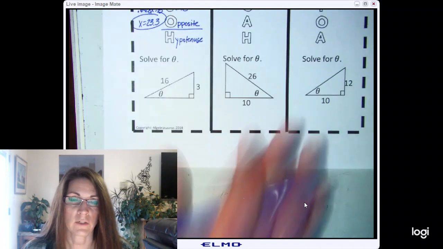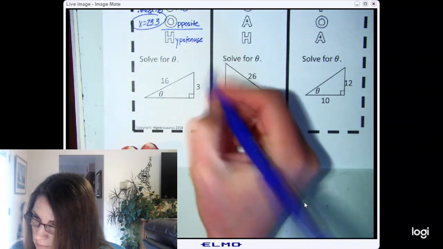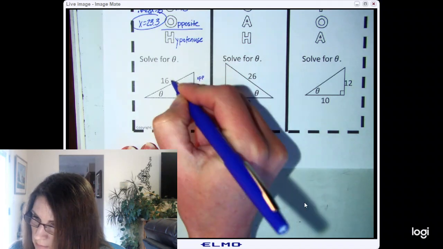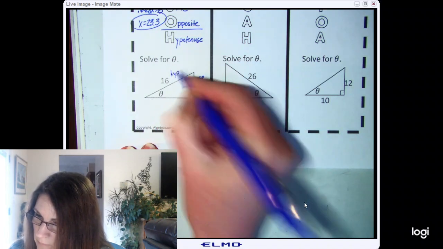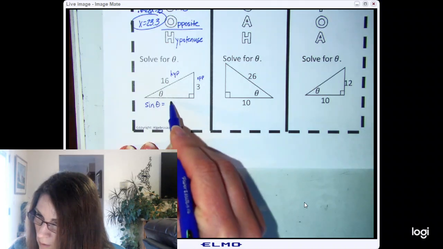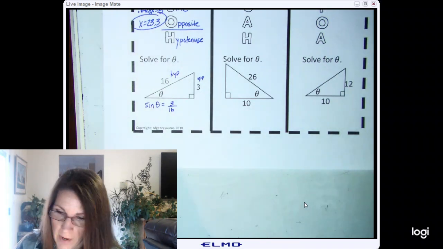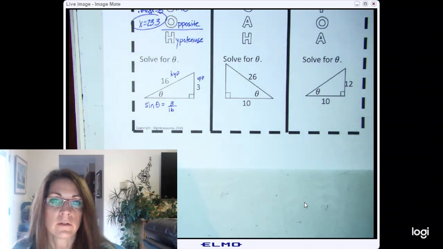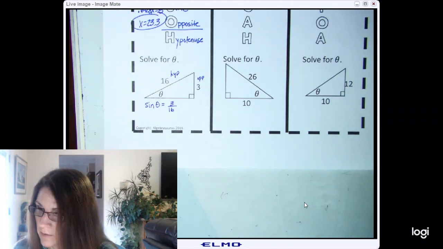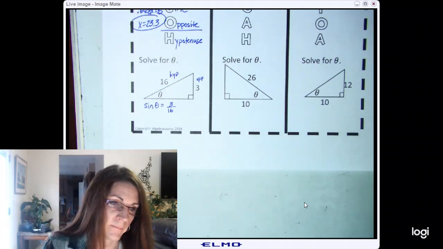I've got to work just a little bit differently when we're solving for an angle. Here's theta, here's the opposite side, and here's the hypotenuse. Sine of theta is opposite over hypotenuse. I can divide and I can get a decimal right there if I want to, or I can type it in as a fraction here in a minute. Now, I need to get rid of sine.